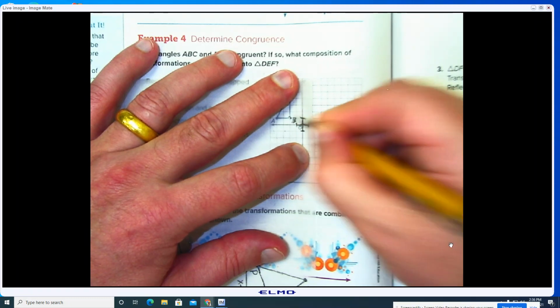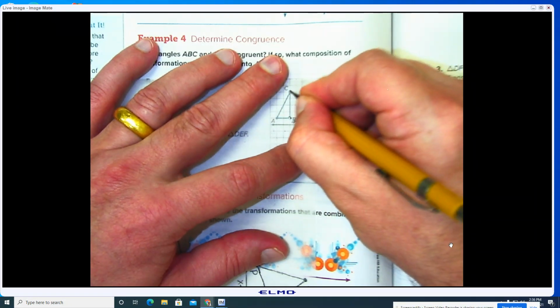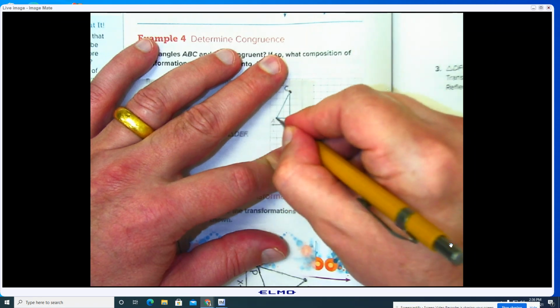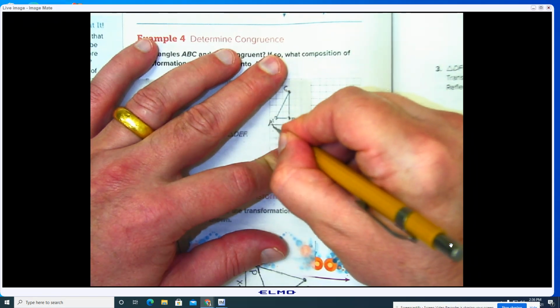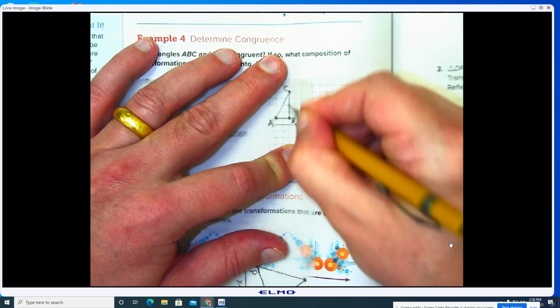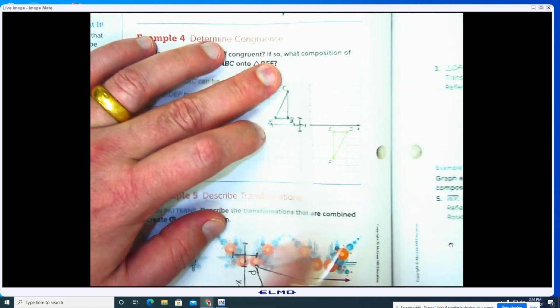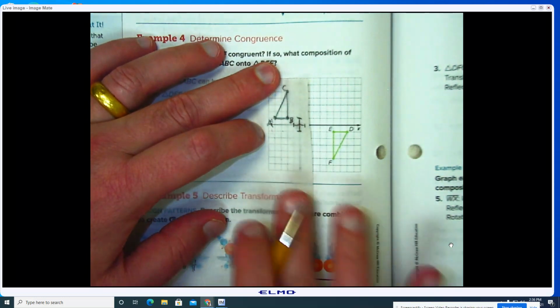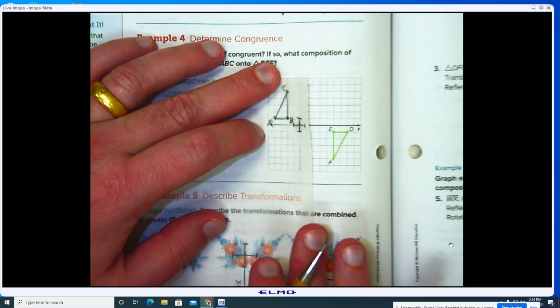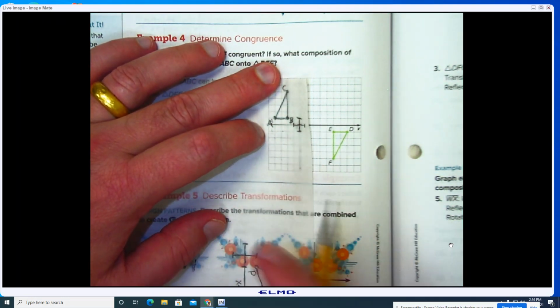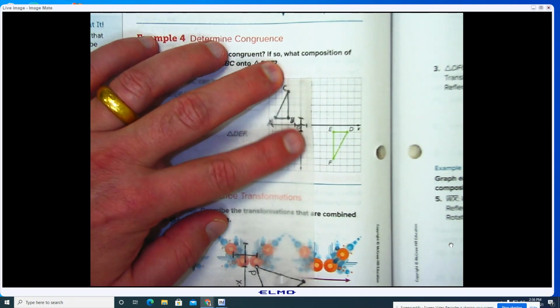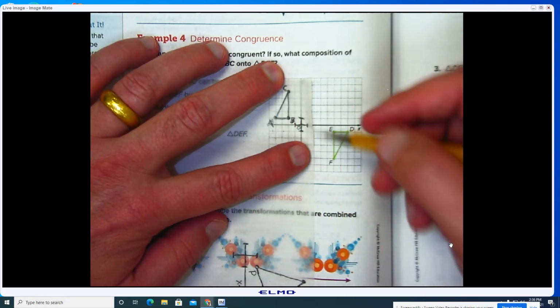Here's my B. Here's my C. And here's my A. Then I'll go ahead and connect it. All right. So I've drawn this little graph. It's going to be more accurate if you have the larger graph paper. So this is just to help make use of what we have to our benefit.